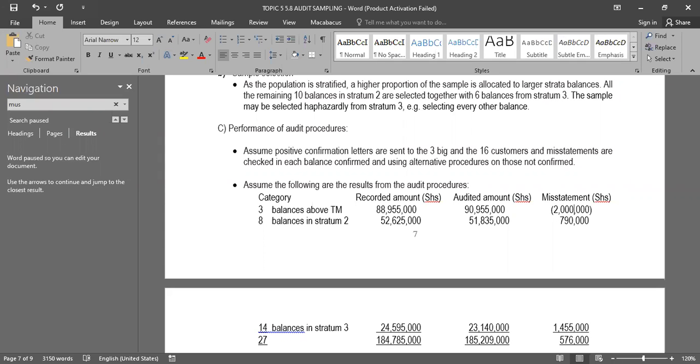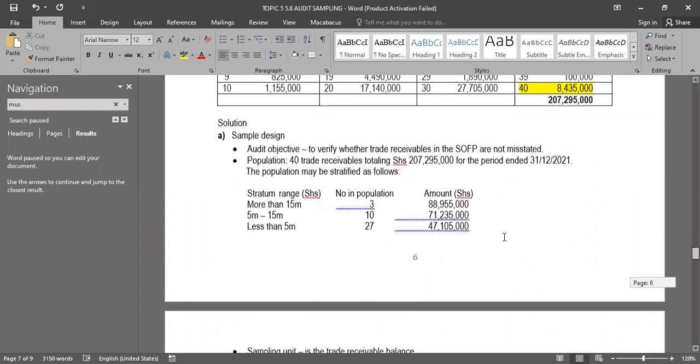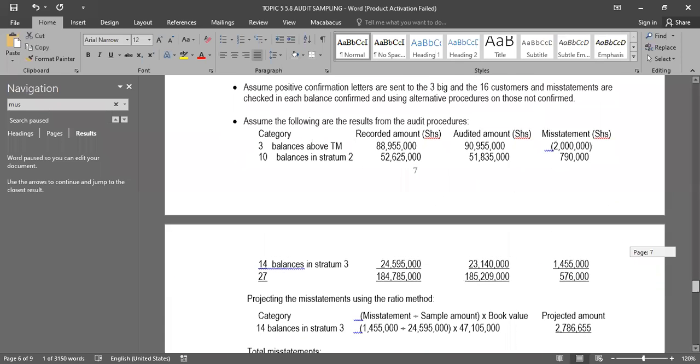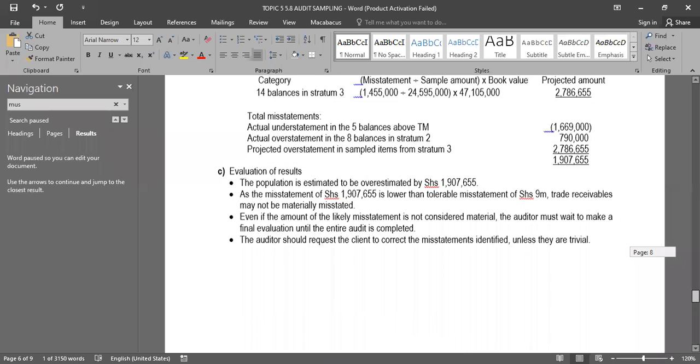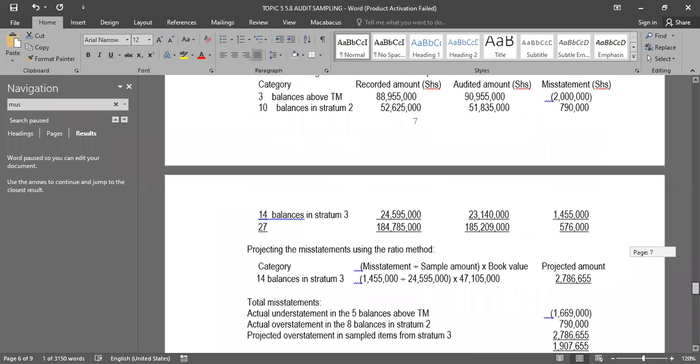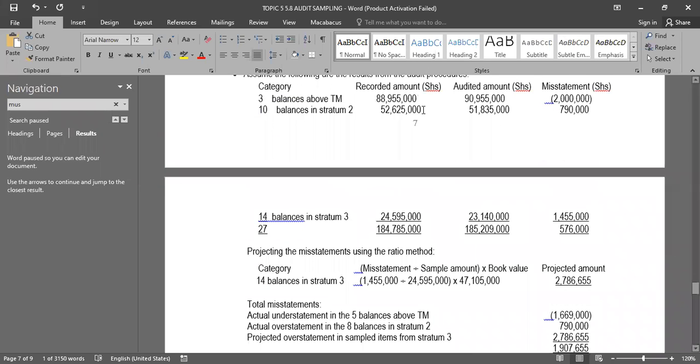Okay, and then the remaining from the strata there were 10, not 8, but 10. Okay, they recorded 10. We know that they are this 71. So there was 71.